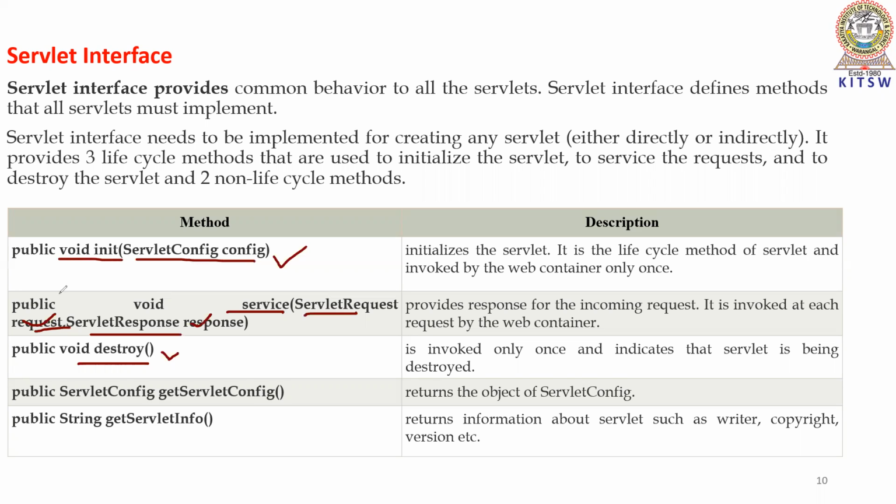Apart from these three lifecycle methods, we have two non-lifecycle, general methods. First one is getServletConfig, which returns the ServletConfig. The next one is getServletInfo. This method returns information about the servlet such as writer, copyright, version, etc.